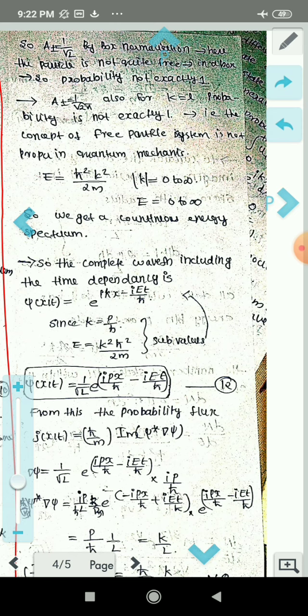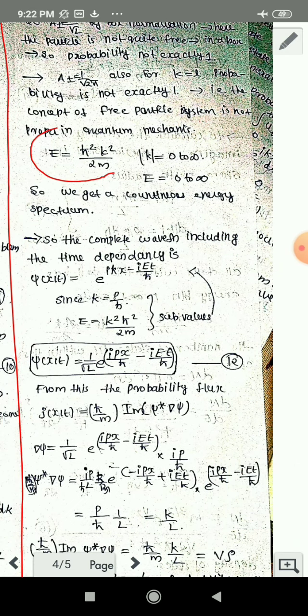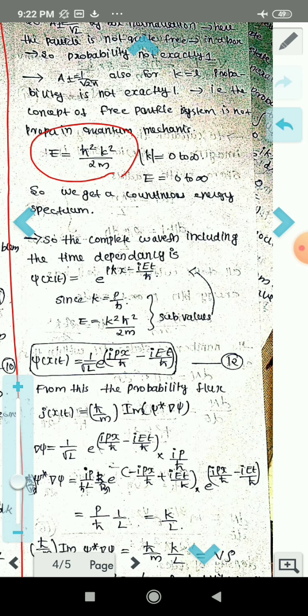And the energy we can write, that is k is root of 2mE divided by h cross square. So E is equal to h cross square k square divided by 2m. The value of k can vary from 0 to infinity.